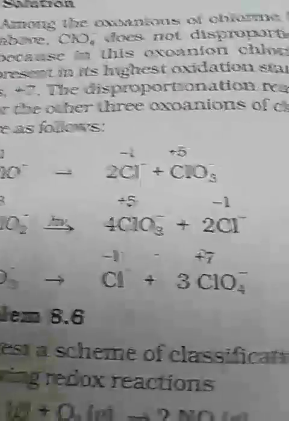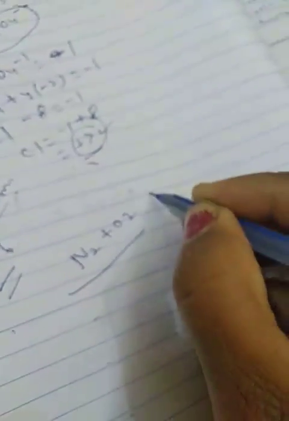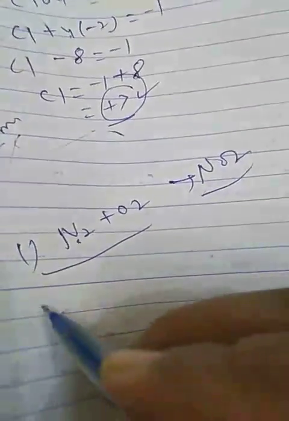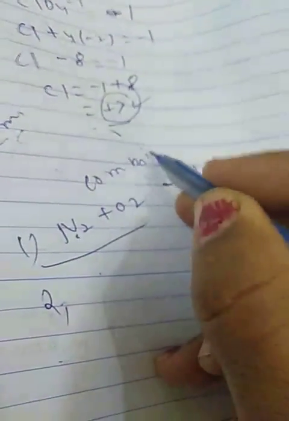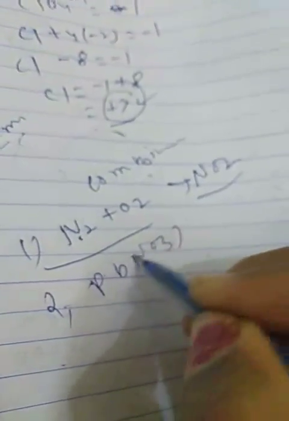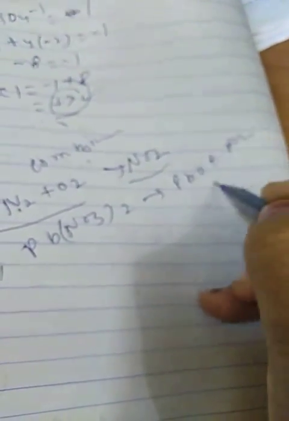In the first reaction, N2 plus O2, among the 4 you can see this is an example of a combination reaction, because nitrogen and oxygen are going to combine. The second one is lead nitrate, Pb(NO3)2, going to convert into PbO plus NO2 plus oxygen.